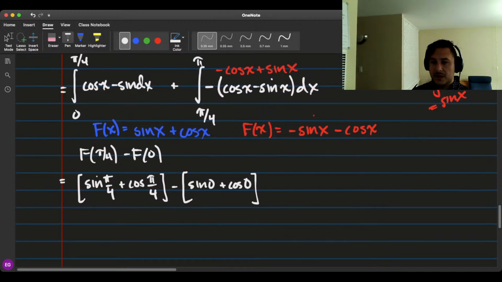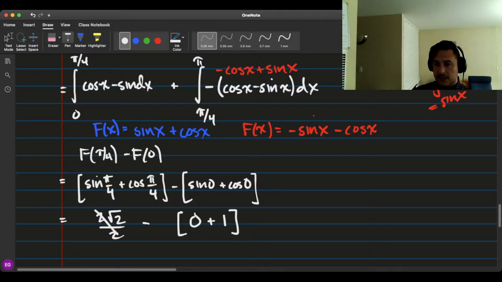So I'm doing the first one. This is going to be 2 root 2 over 2, which is just root 2. Sine of 0 is 0. Cosine of 0 is 1. So you get root 2 minus 1 for the first integral.